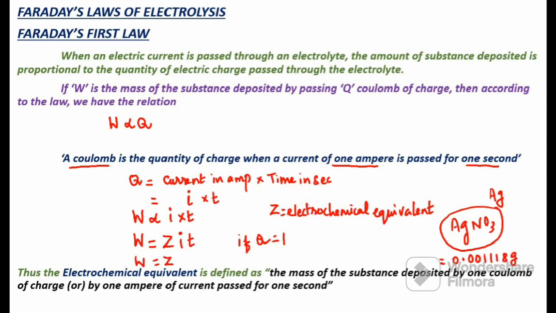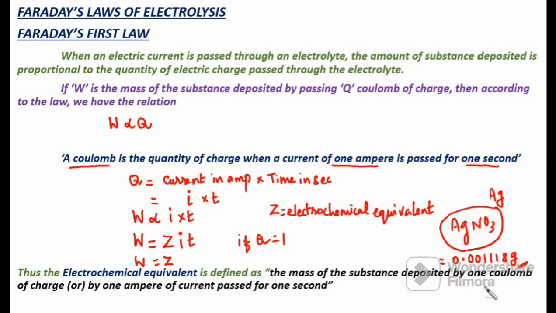This value is the electrochemical equivalent of silver. So this much silver will be deposited over the electrode when 1 coulomb of electric charge is passed, or 1 ampere of current is passed for 1 second.